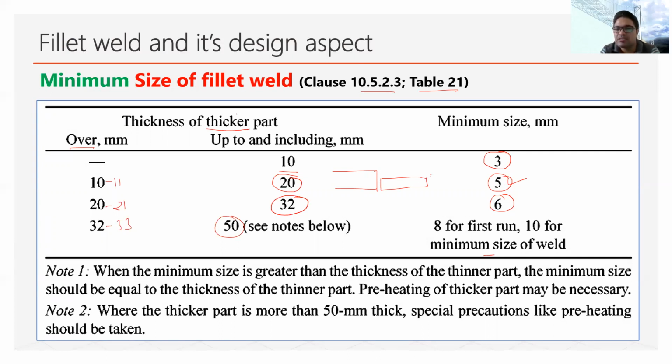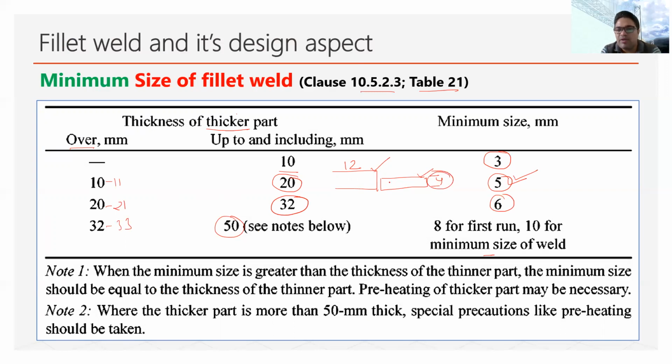We see the thicker plate thickness to get the minimum size of weld. For 12 mm the size of weld will be 5 mm, but in this case the thinner plate is 4 mm, which is less than the minimum size of weld. In that case, the minimum size of weld will be 4 mm. So this is how it is being done.